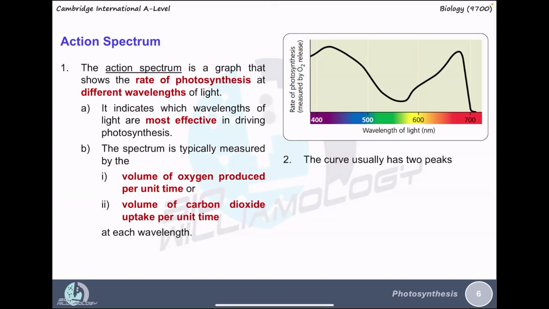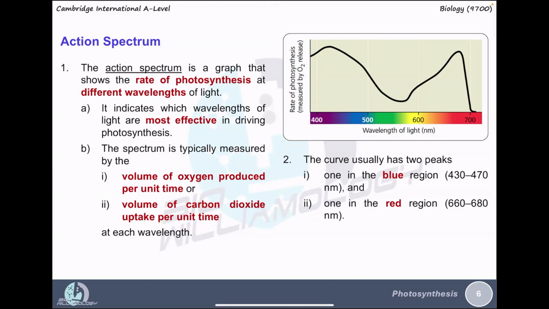The curve usually will have two peaks, one in the blue region, about 430 to 470, as well as one in the red region, about 660 to 680 nanometer wavelength.